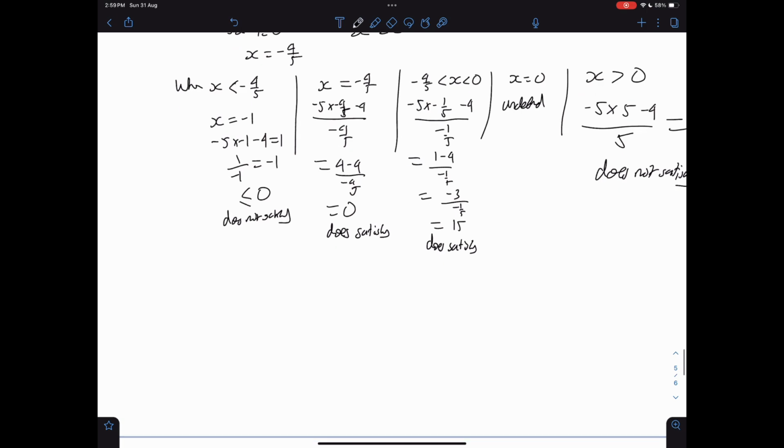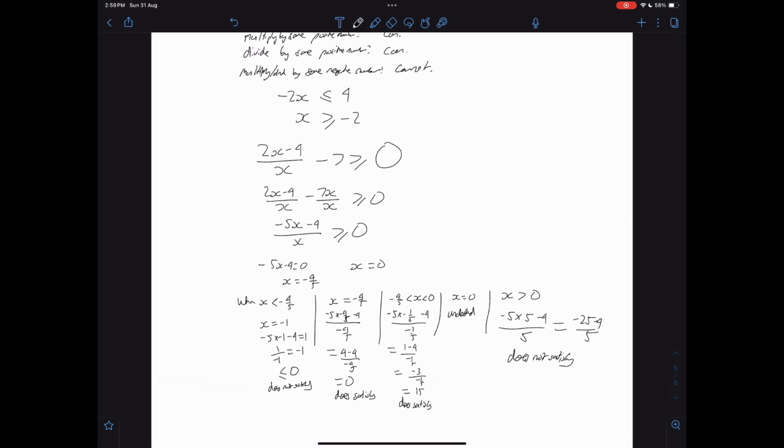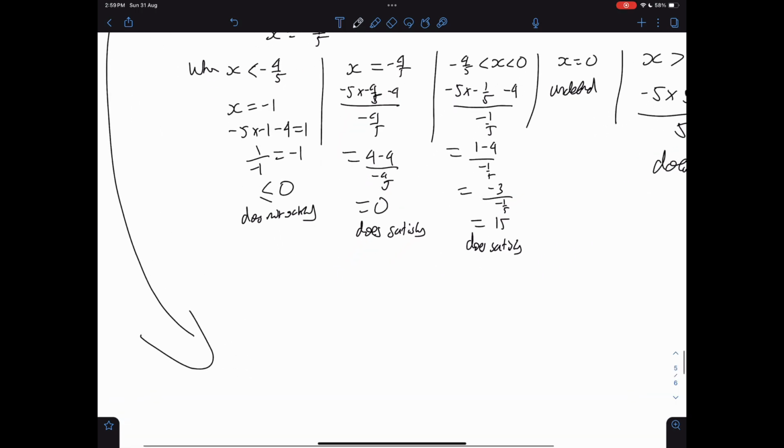So therefore we can say that for this to be true, x must be in the range where it can equal negative 4 over 5, but it has to be less than 0.